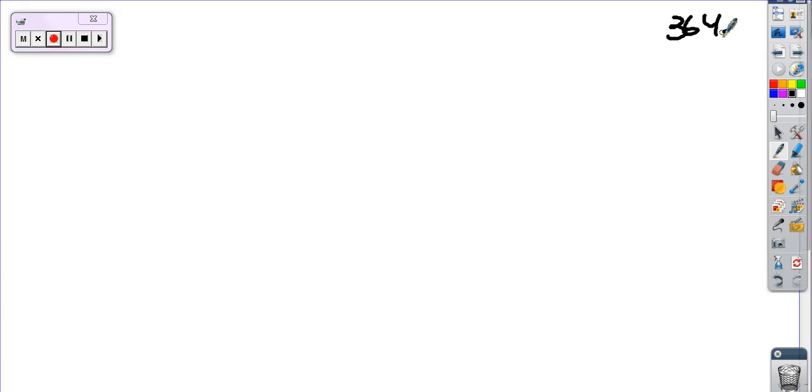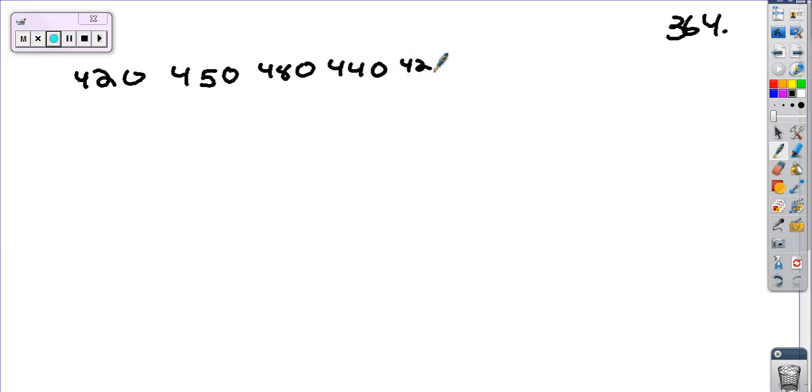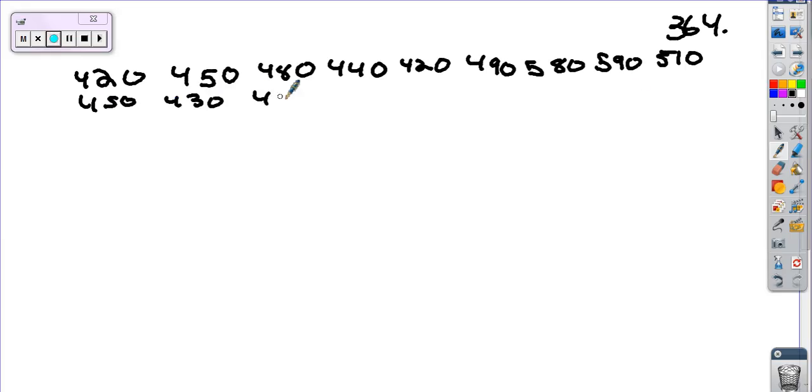So we have 420, 450, 480, 440, 420, 490, 580, 590, 510, 450, 430, and 480. So this is how many kilowatt hours of electricity were used each month in a year.